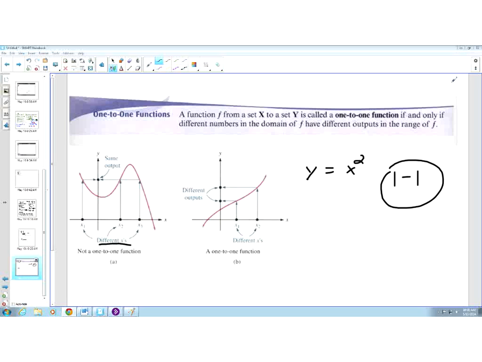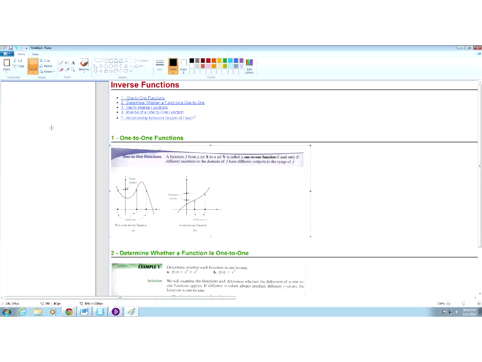Let's see. If I can find it. Yeah, so let me give an example of determining whether a function is one-to-one.